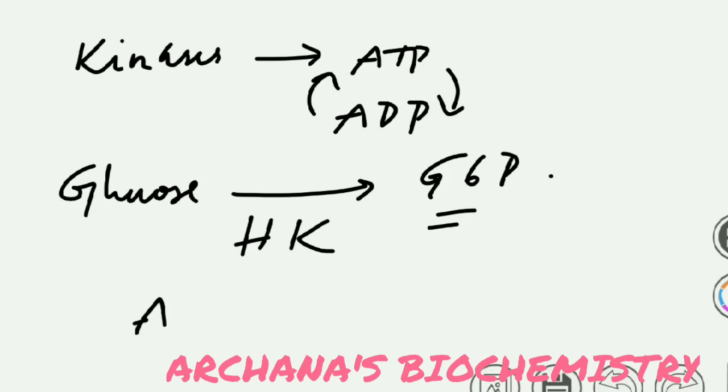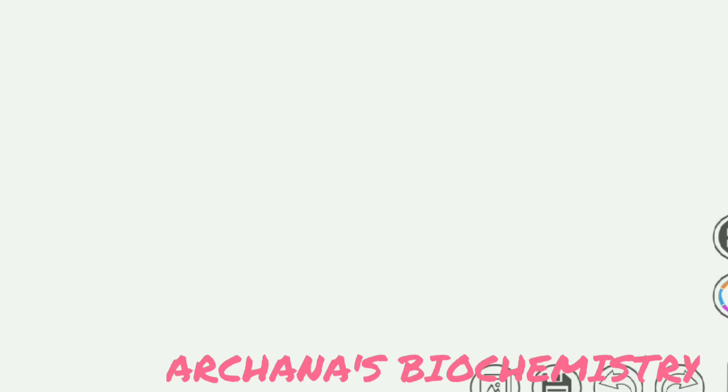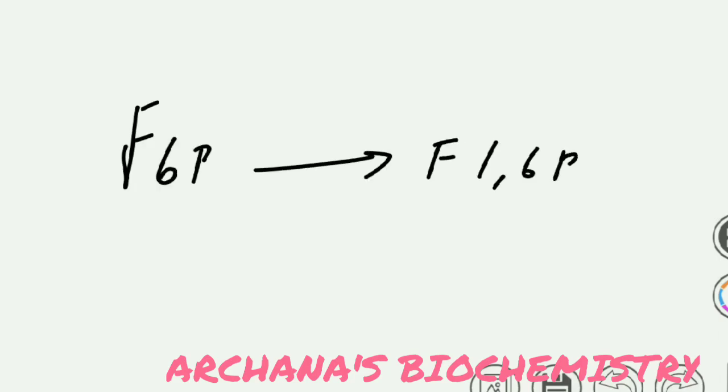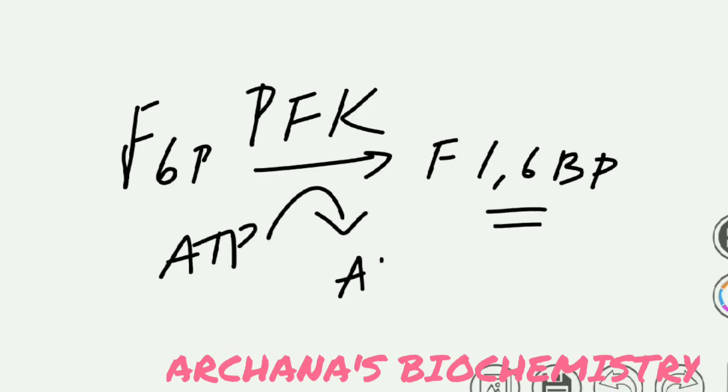So what happens? ATP is converted to ADP. Similarly, the next kinase, phosphofructokinase. Fructose 6-phosphate to fructose 1,6-bisphosphate. There is addition of another phosphate group, so ATP is converted to ADP.